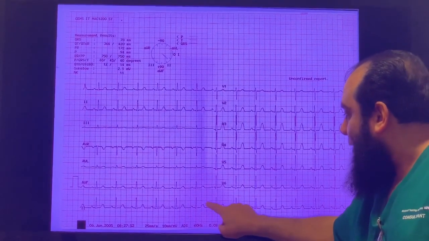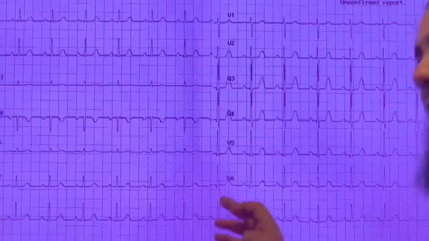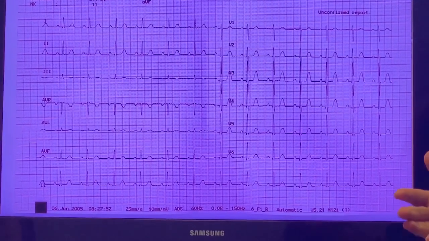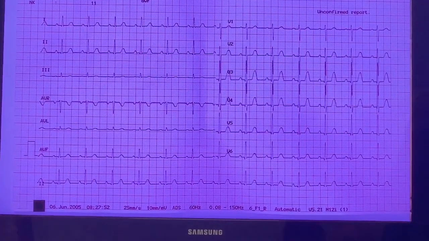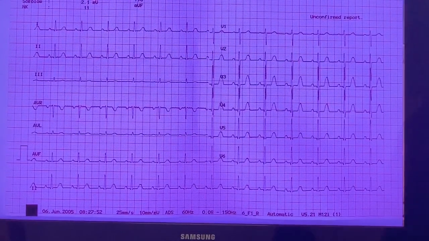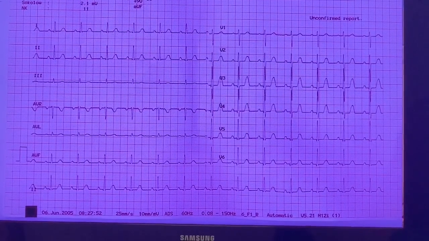So how many squares here? 4. So what is it? 75. Okay, it is a bit smaller than I expected, so it might be 70. Do you need it more accurate? Yes, okay. 1500 by small squares. You can do it. Is it alright? Okay.